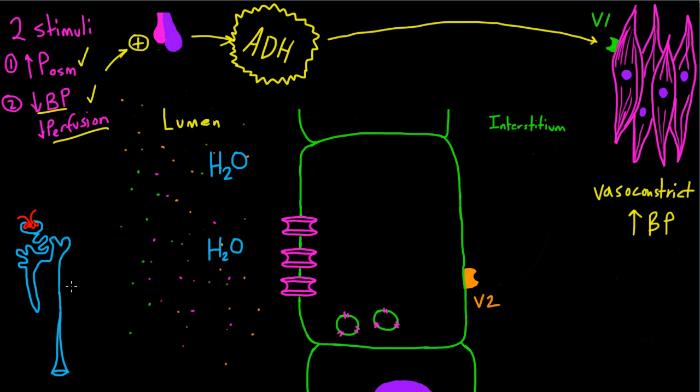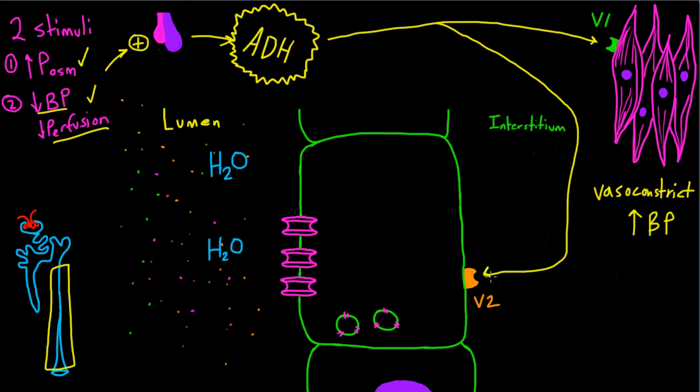The other effect is on the cortical and medullary collecting ducts of the nephron. So now we're jumping to the kidney. In addition, ADH goes to the collecting ducts of the kidney, and it acts on the V2 receptor. The V2 receptor is a transmembrane receptor.